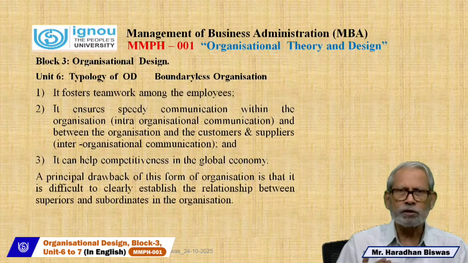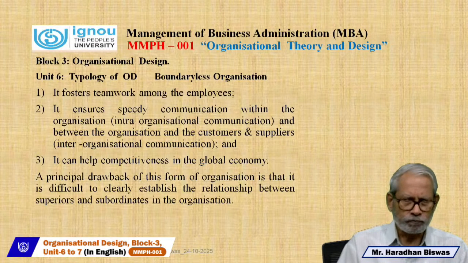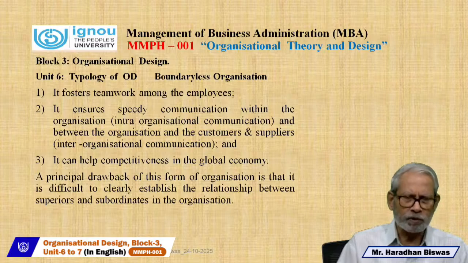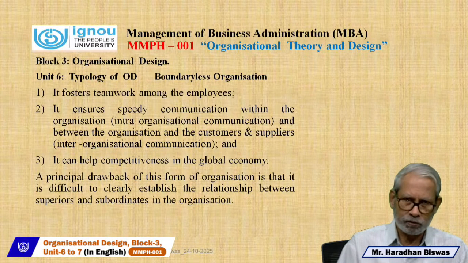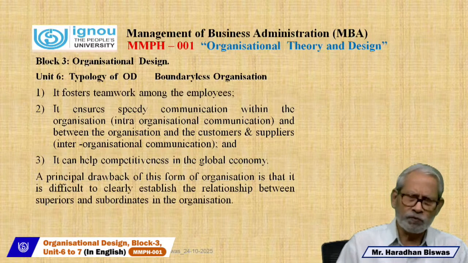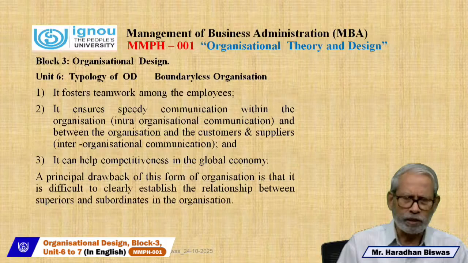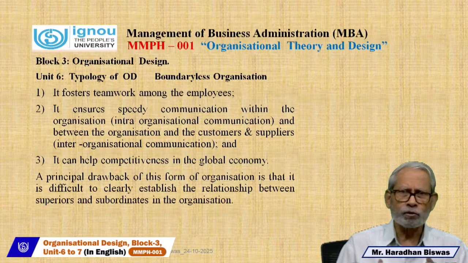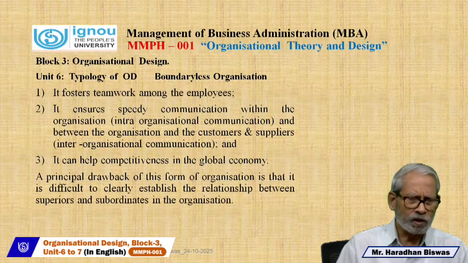It ensures speedy communication within the organization, and it can help competitiveness in the global economy. As I say, Swiggy or Amazon, Zomato are growing very fast, and the global economy is also increasing this way.